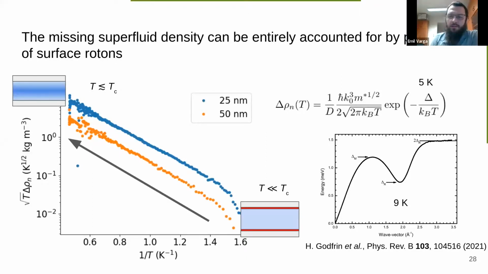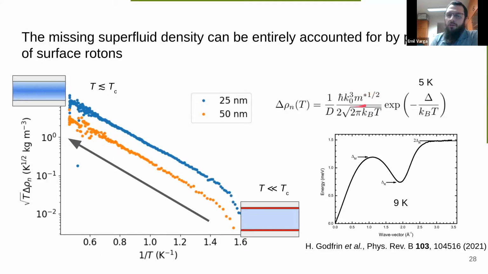Yes, that's a very good point. I kind of glossed over this. We set m star to be a pressure-independent constant, based on some Monte Carlo simulations that I don't cite here. It's about 1.4, if I remember correctly, of the mass of a helium atom.